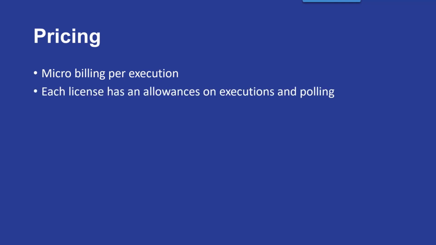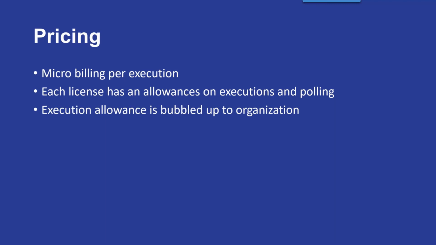Each license has an allowance on executions and also has a minimum period that you can pull, right? So the free tier, if I'm not wrong, has 2,000 executions. The Office and Dynamics 365 go up a level, I think, to 4,500. Then Plan 1 and Plan 2 have another amount on top of that. One thing that is important to notice is that execution allowances actually bubble up to the organization.